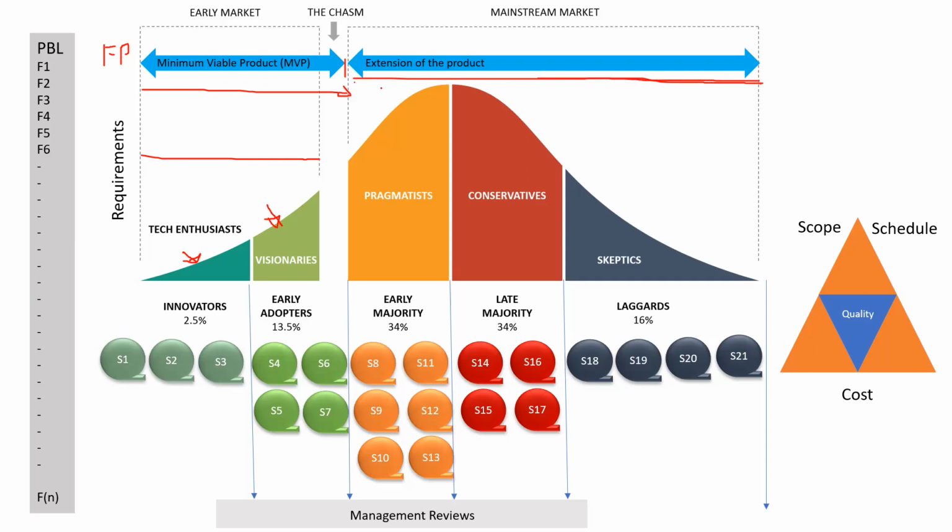When the scope is not clear, we cannot go with fixed price contracts. But the moment there is clarity on scope, then maybe we can try fixed price contracts. So early in new product development, when the product is in the minimum viable product stage, fixed price will not work. It has to be cost reimbursable, or time and material, or cost reimbursable with an upper limit. Whereas once the product matures, the rest of the product can be fixed price also.